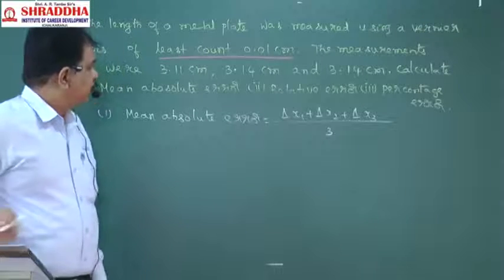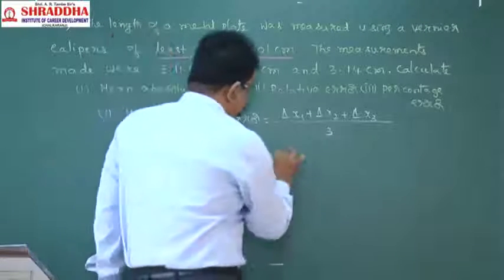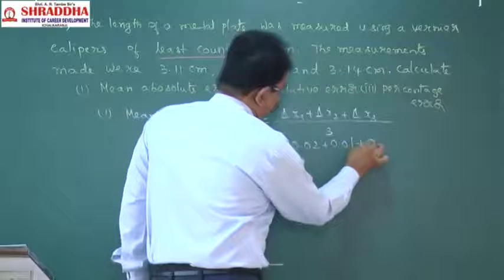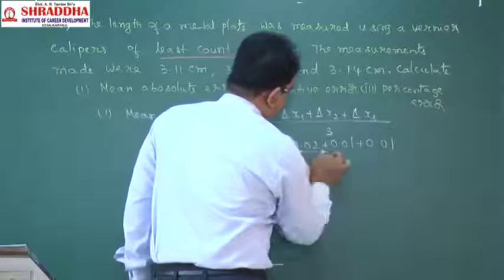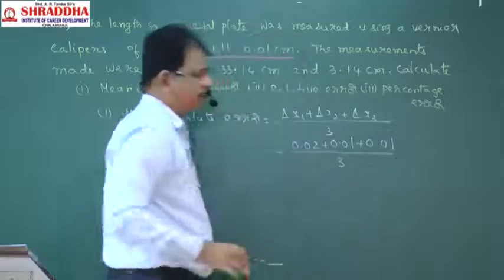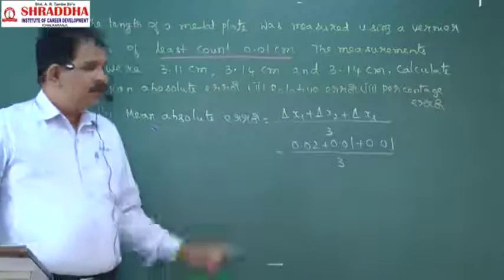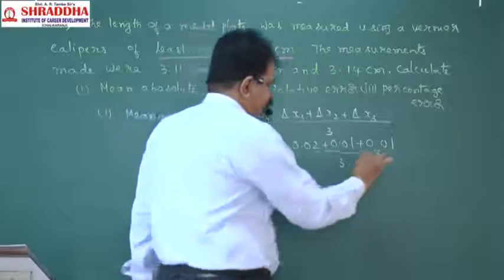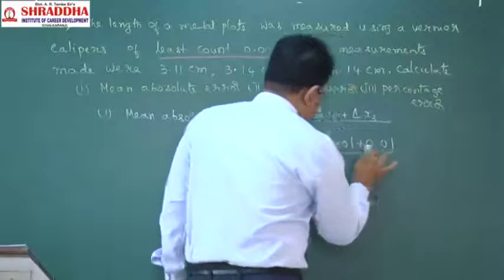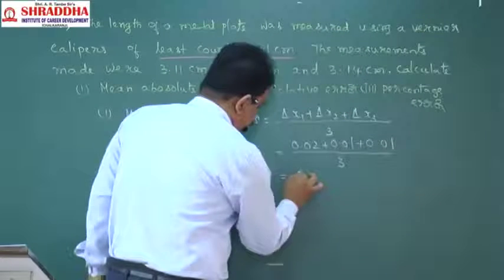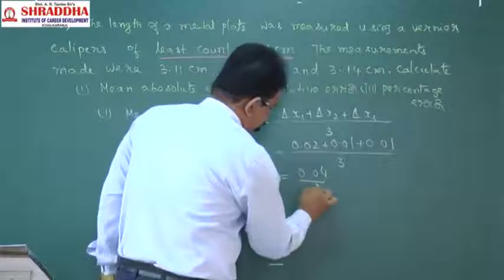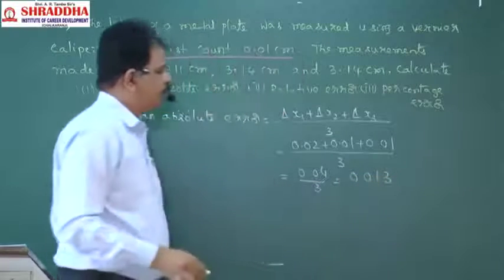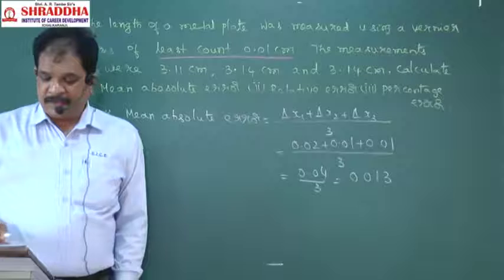Delta x1 we got 0.02, 0.01, 0.01 by 3, so 0.04 by 3, again 0.013 we will get.